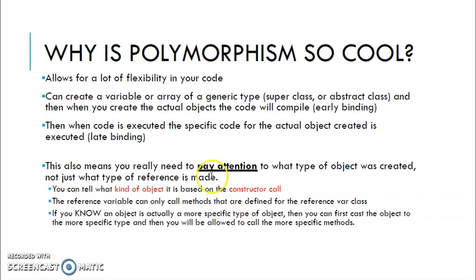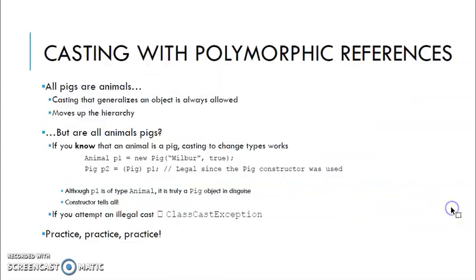But this also means at some point, it's really important to make sure we know what object was actually created. This tends to come into play a little bit later when we talk about casting. In this case, we know that all pigs are animals, but we don't always know the vice versa is true. So take a look at this example down here where I build some sort of a pig named Wilbur.